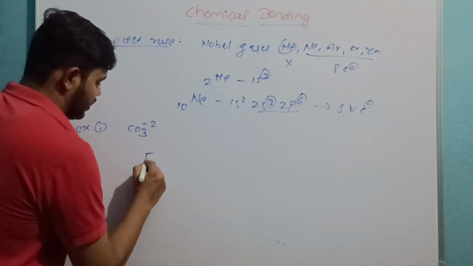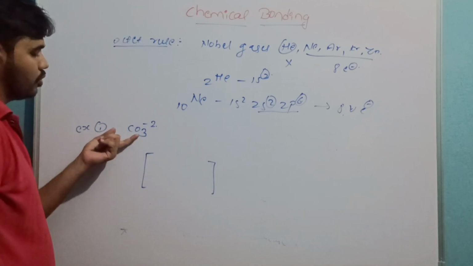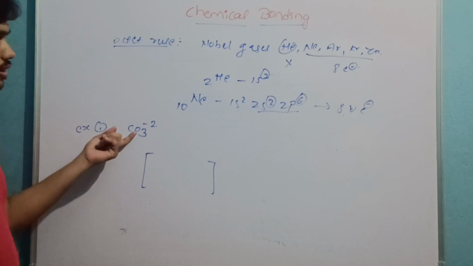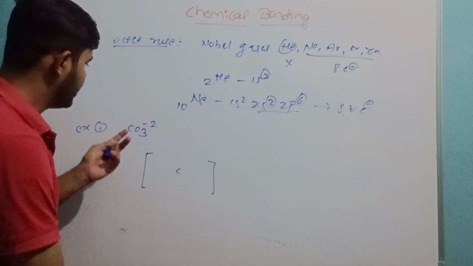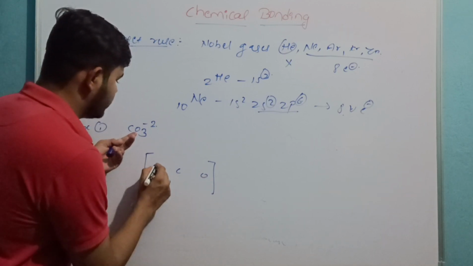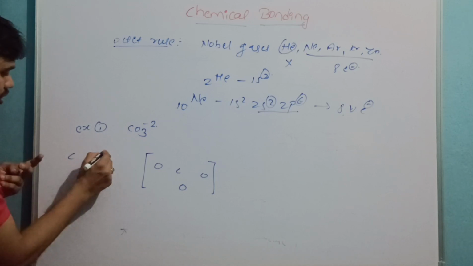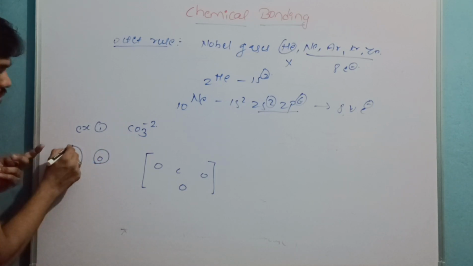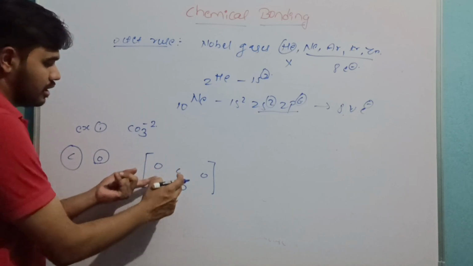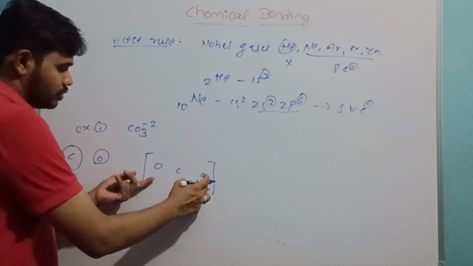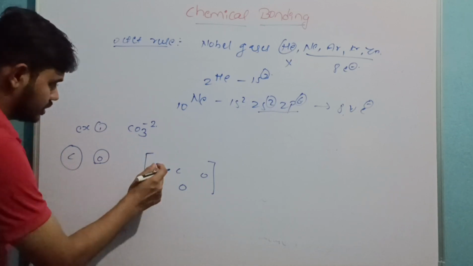First we need to locate the central atom. Here we have carbon and oxygen. Oxygen is more electronegative compared to carbon, so the less electronegative atom, carbon, is written in the center, and the more electronegative atoms are written by the side.